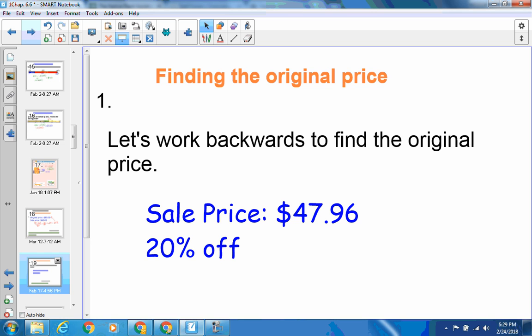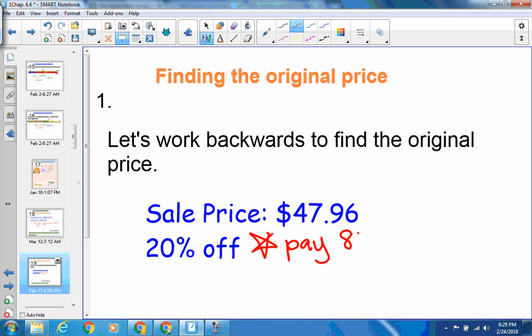The only thing really different about this is that there's that all-important step, which is non-optional. So put a big star here, that if the item was 20% off, you have to figure out what percentage you pay. So you would be paying 100% minus 20%, or you'd be paying 80% of the original price.